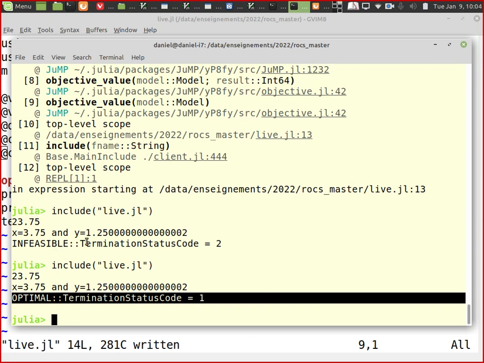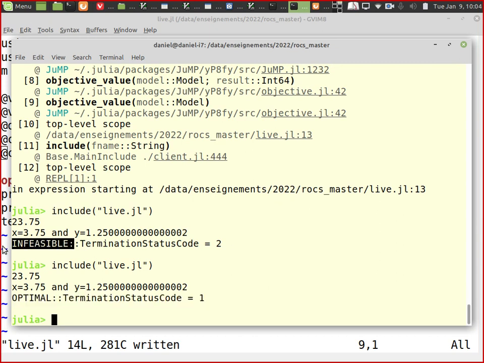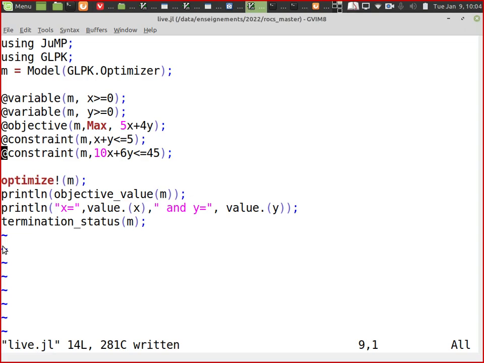Only that, by the way, it is not feasible. It's like if you ask something, whatever you ask, it will give you, but you need to ask if that works or not. That's it.